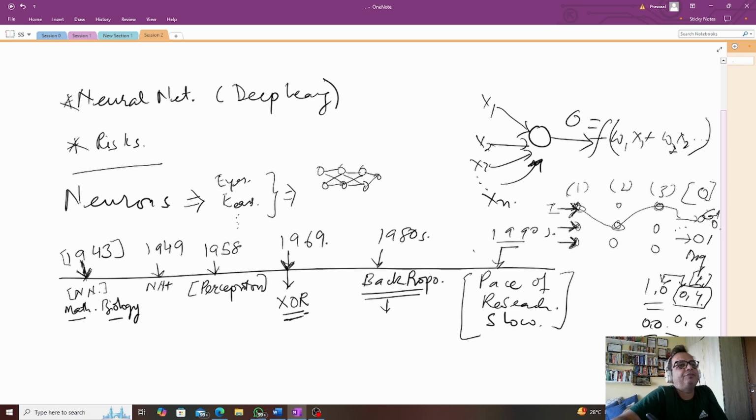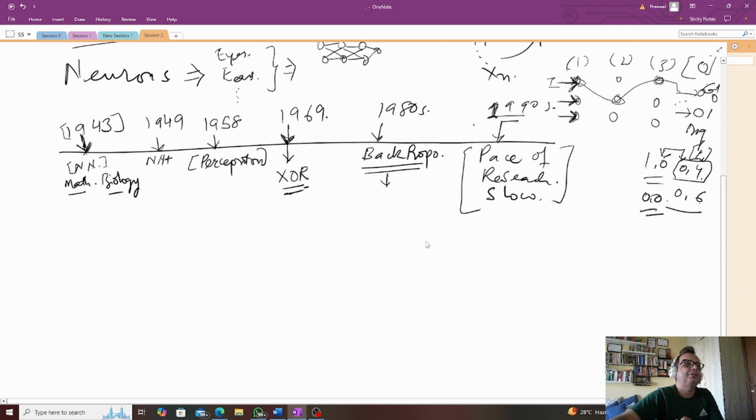Even now there are only very few companies that can afford these kinds of big machines. The pace came down, and the data was also not sufficient, and it came to a standstill.